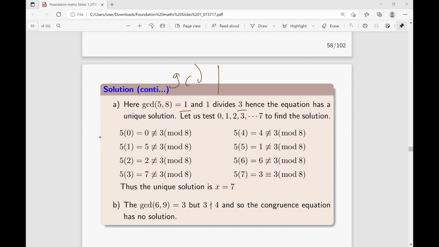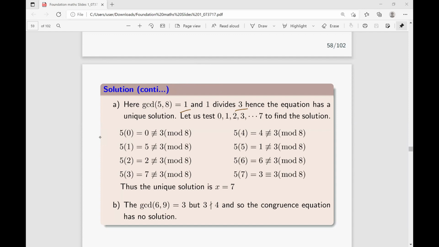Is that okay? So you should be able to get the number of solutions. You don't just find one. First of all, you test and find out how many solutions you are likely to get for this equation. Now, this one has GCD 1. 1 divides 3, and therefore we can say it will have one solution.